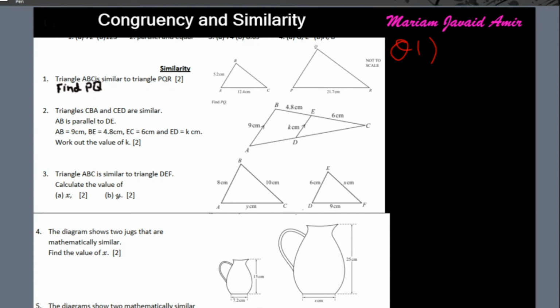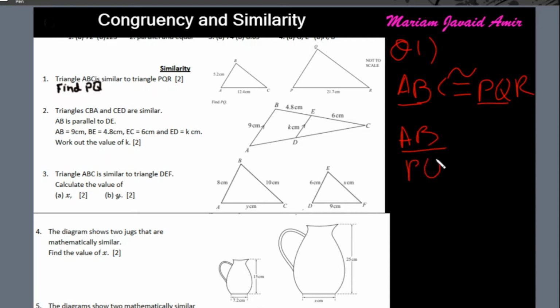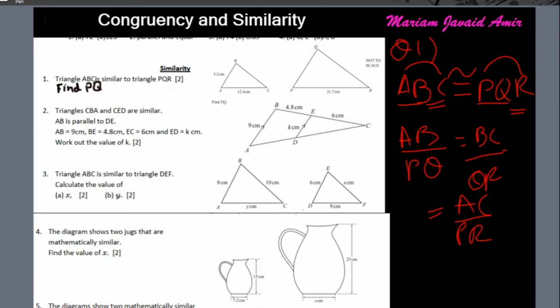So for similar triangles, we need to know that if ABC is similar to PQR, then AB over PQ equals BC over QR equals AC over PR.